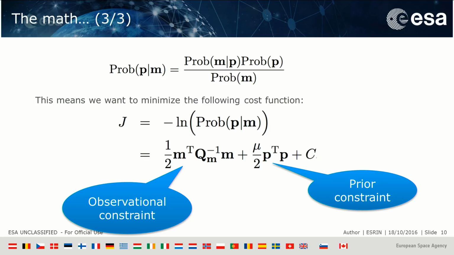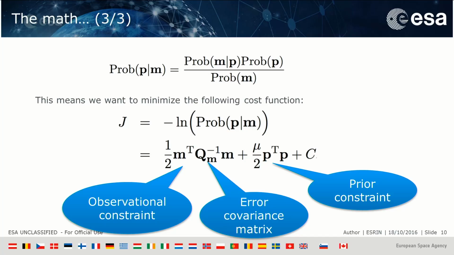So say you're pretty sure that you know the phase of the seasonal cycle. You're pretty sure that there's going to be more fluxes in the tropics. This kind of thing goes in there. And this QM is our error covariance matrix. This is sort of where the art comes in, because there's not a completely hard and fast analytical way of doing this. What gets packed into there is things like, what is my transport uncertainty?